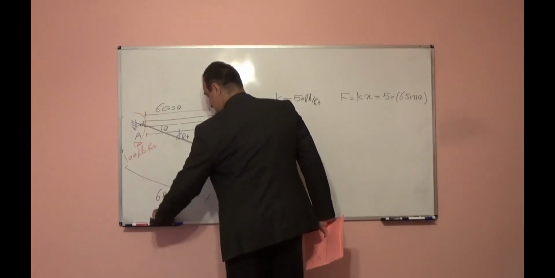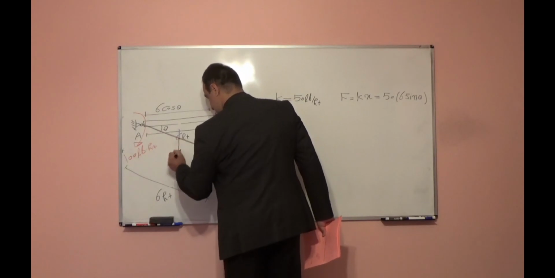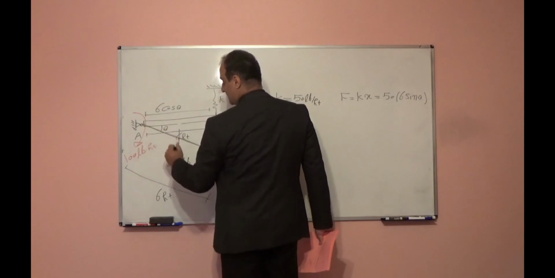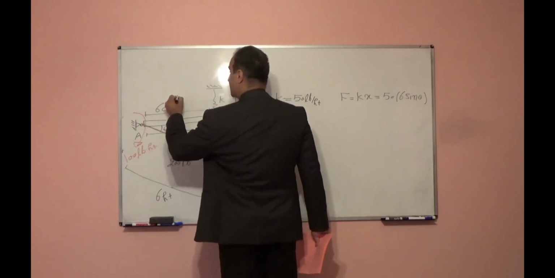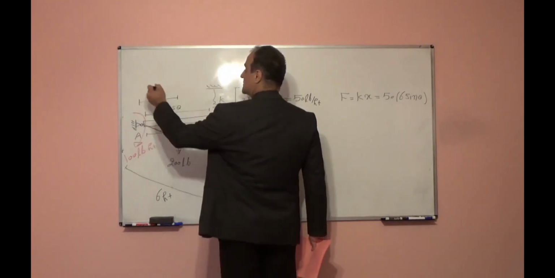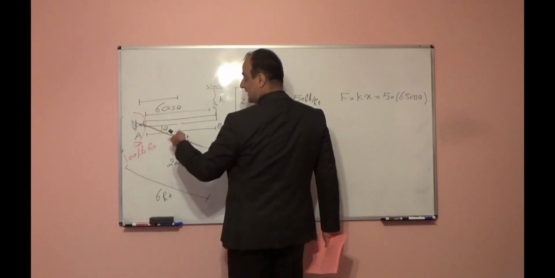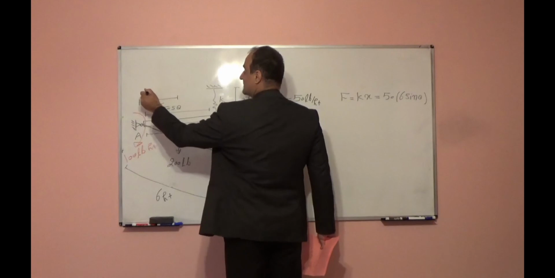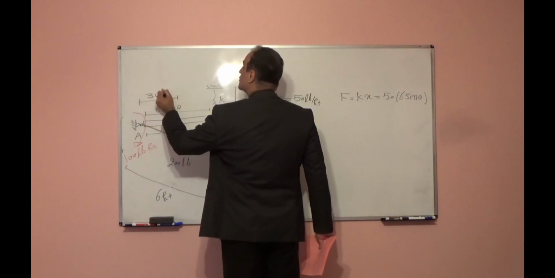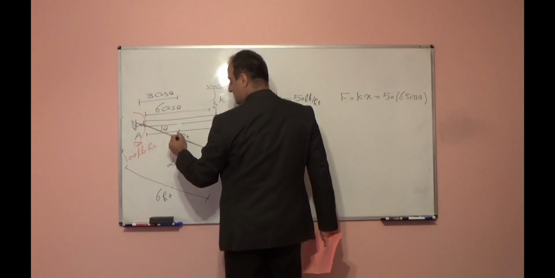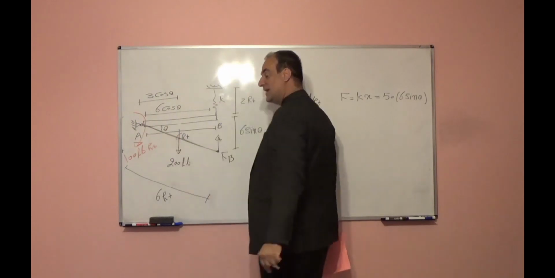The weight at midspan is 200 pounds, and from this weight to this support location, from here to here, it is 3 in the inclined direction. In horizontal direction it will be 3 cosine theta, and this 3 cosine theta is perpendicular to the weight direction.